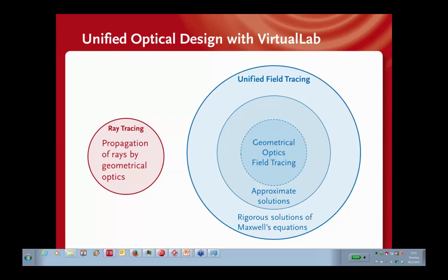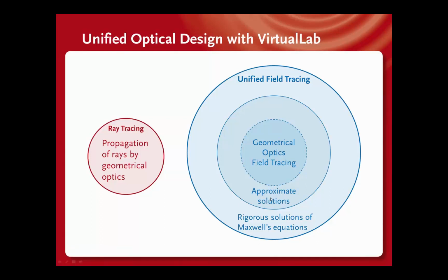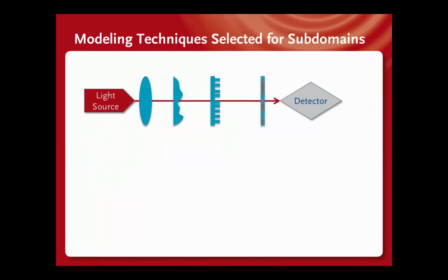But if it turns out that we have, for example, diffraction or interference effects, we are able to use rigorous solutions of the Maxwell equations for the light propagation, or to use an approximate physical optics propagation model that includes diffraction effects, but is probably not as time and memory consuming as a rigorous solution.